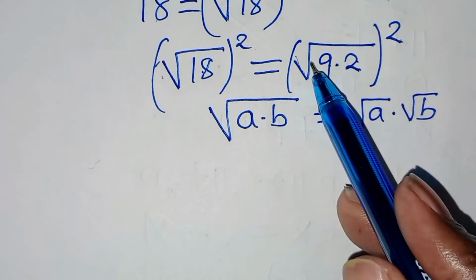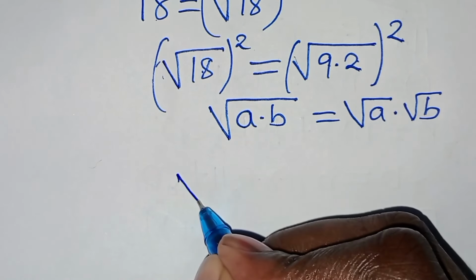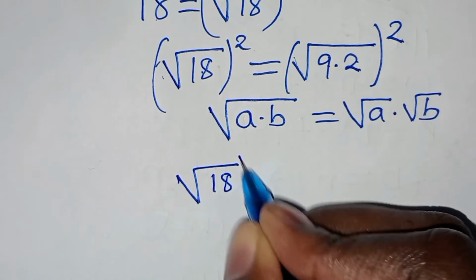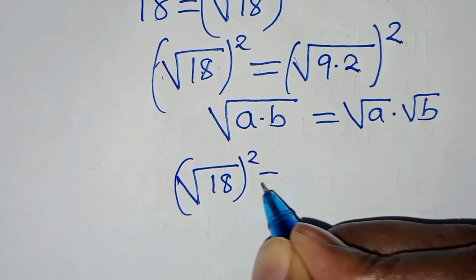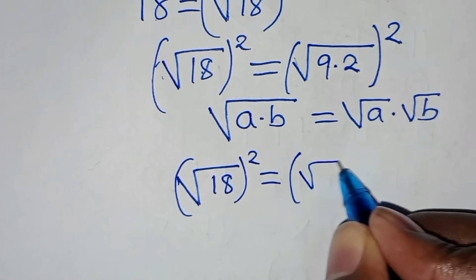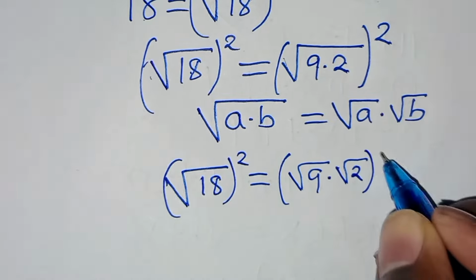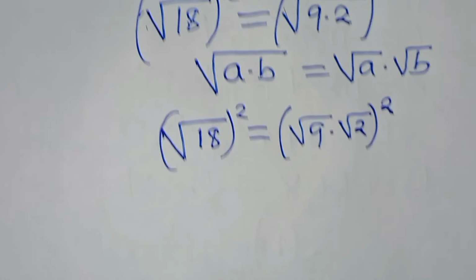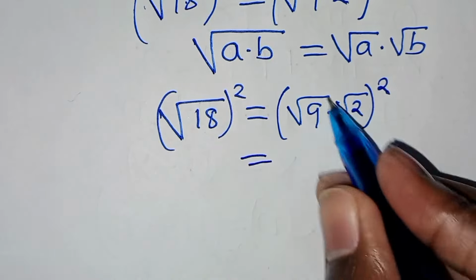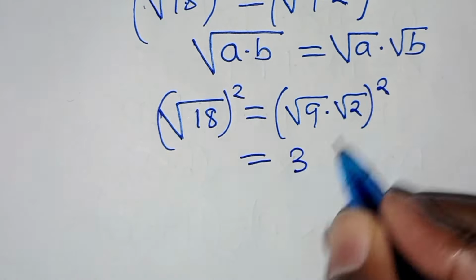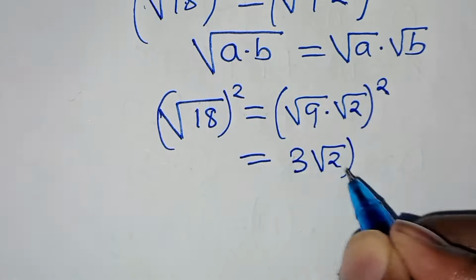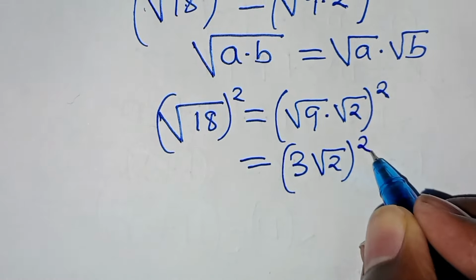Applying this property, the square root of 18 squared is the same thing as the square root of 9 times the square root of 2, raised to the power of 2. The square root of 9 is 3, and the square root of 2, everything raised to the power of 2.